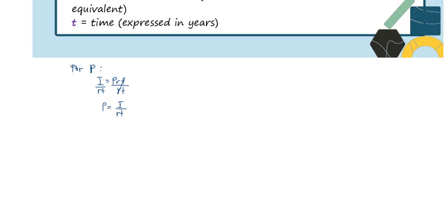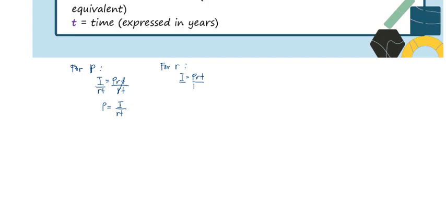And then if we are going to calculate for R, which is the rate of interest, we could also make use of our formula and then do the same thing as what I did dun sa ating principal. We could do algebraic manipulation in order to isolate yung ating R, which is the value that we are looking for.